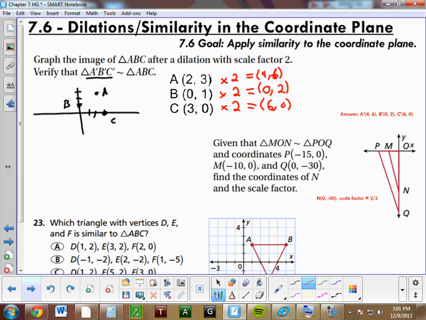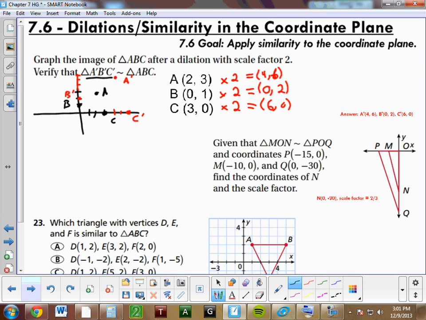So I'll do those in red to show. I've got 6, 0, which is C prime. I've got 0, 2, which is B prime. And then I've got 4, 6, which would have been A prime.